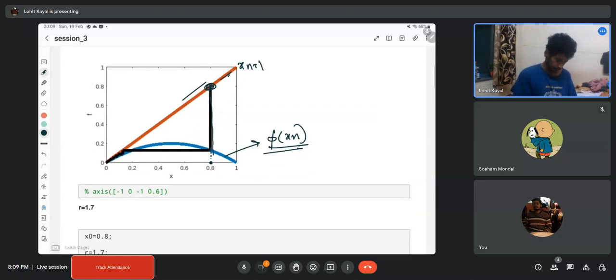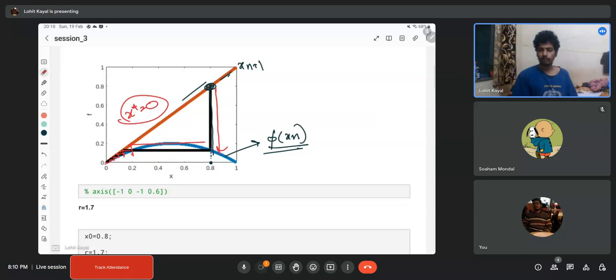Let me use another color. Then it comes down to this curve. Then again it goes to the straight line. This gives me my x1, my first iteration. Again it will come down. You can see that it can come down here, then go here, then here, like this. So it will converge to x star equal to 0.